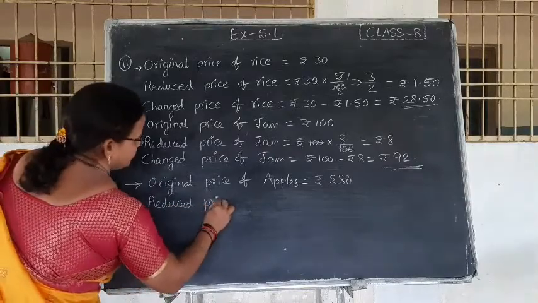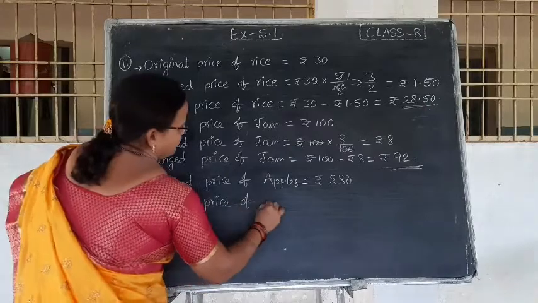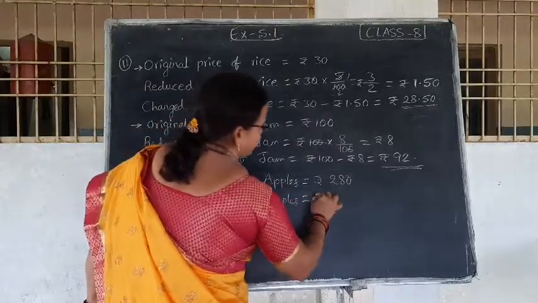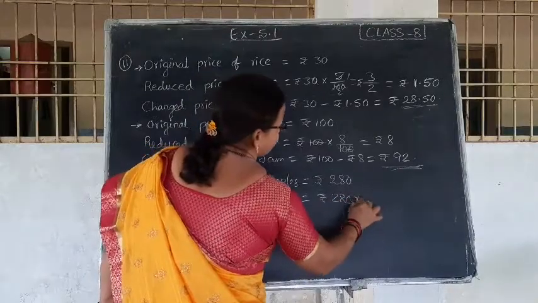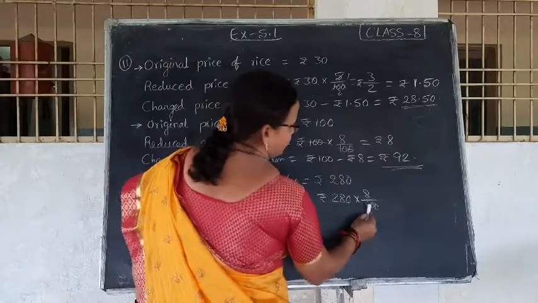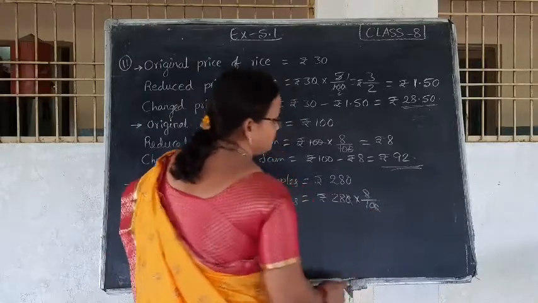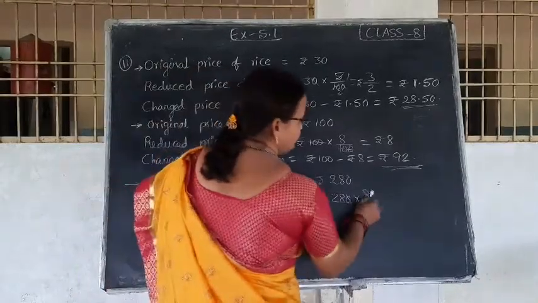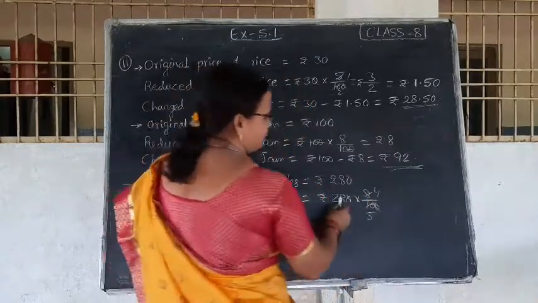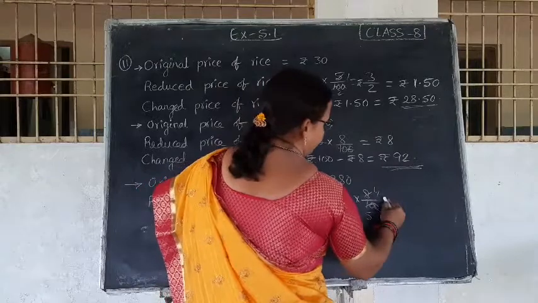The reduced price of apples is original 280 into reduced percent 8 by 100. 8 by 100 means the zeros cancel, 2 fours are 8, 2 fives are 10. So 28 into 4 by 5.